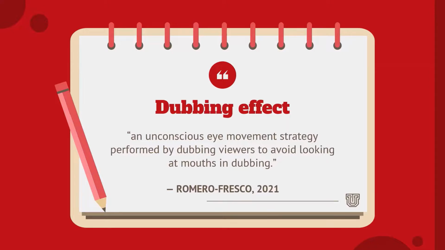I think Romero Fresco hypothesized that it was because they were trying to get immersed. So they were just not looking at the mouth because it wasn't congruent, right? What I think is that perhaps they could not get any information from the lip movements, so they were just not used to looking at it when watching dubbed films, right? Again, something that has to do with how we process or perceive speech.